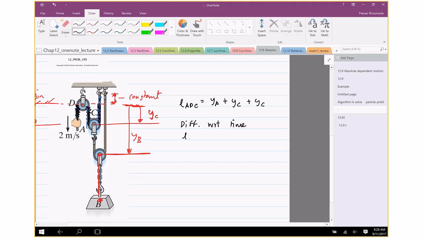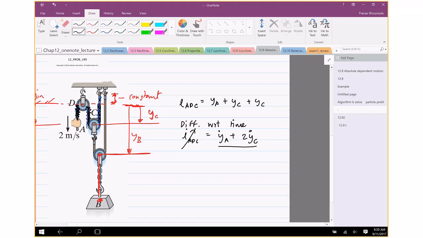So L_ADC dot equals YA dot plus 2YC dot. L dot is 0. So this is how the motion of A and C are related.